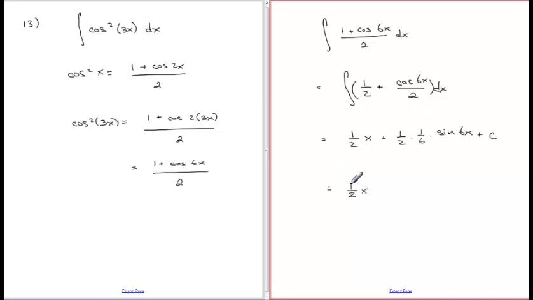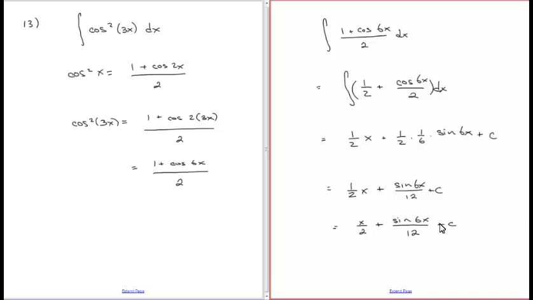So the final answer is just multiplying these two terms together. So we'll get 1/2 x plus the sine of 6x over 12 plus c, or you could write it as x divided by 2 instead of 1/2 x. It's the same thing. Sine of 6x divided by 12 plus c.